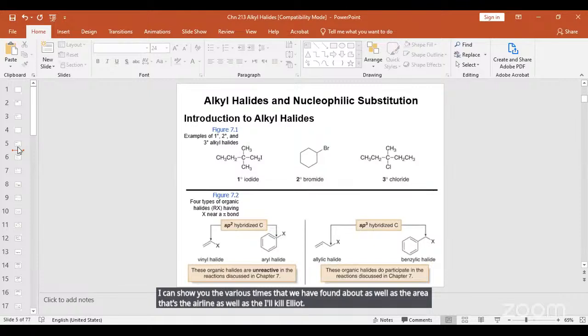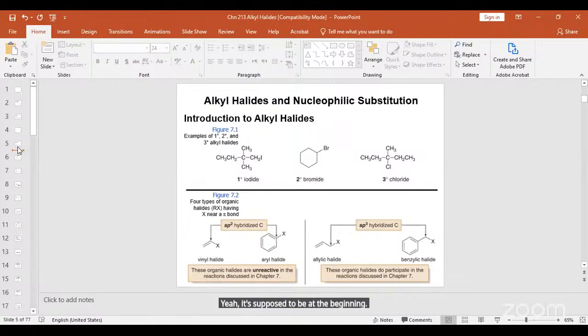They are sp3 hybridized. That is the carbon to which the halogen is bonded. The sp3 is allyl as well as benzyl.